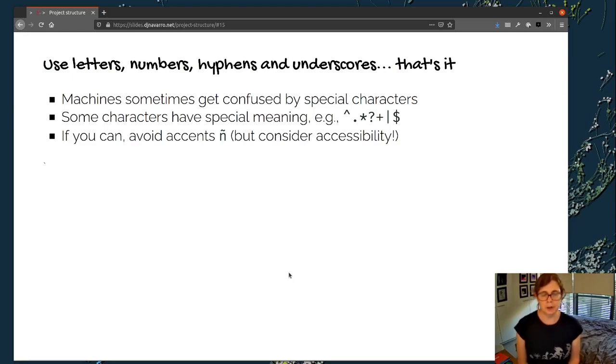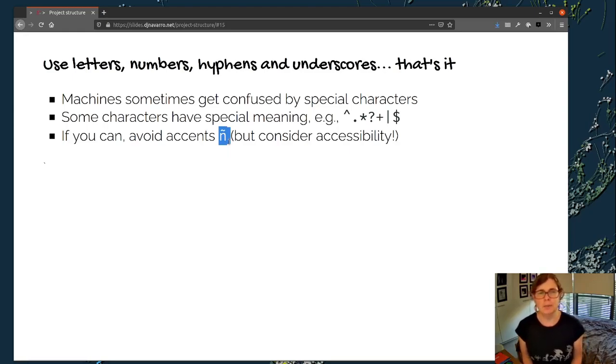Try not to include accents. So like here, I'm showing the ñ character, which is used a lot in Spanish. And I feel uncomfortable making the advice because on the one hand, there's an accessibility issue here where people who are writing in non-English alphabets need those characters or find them useful in their everyday life.